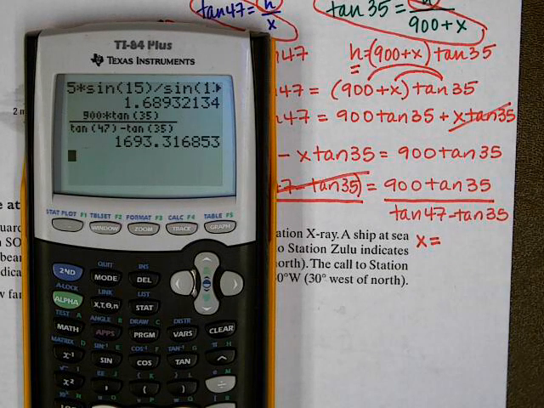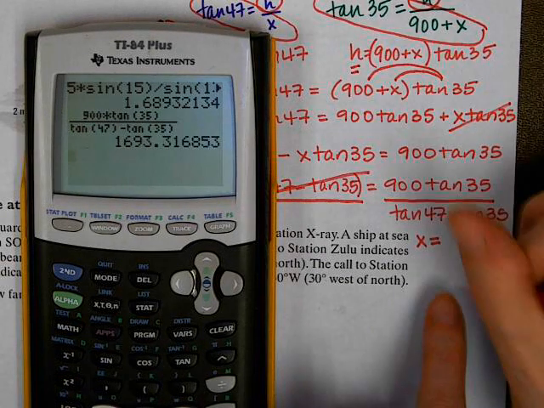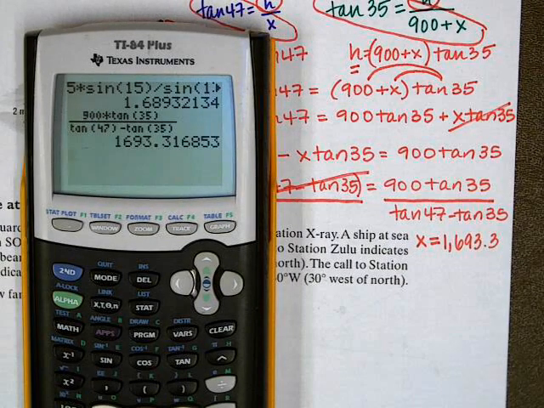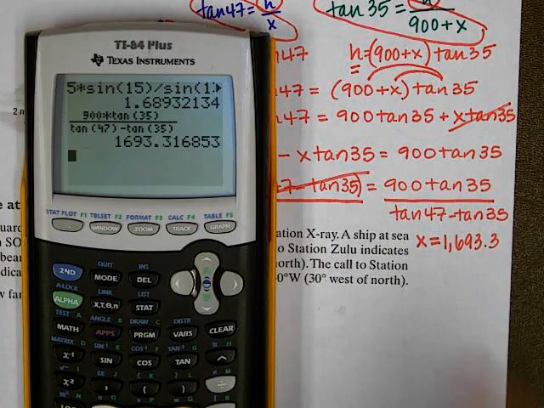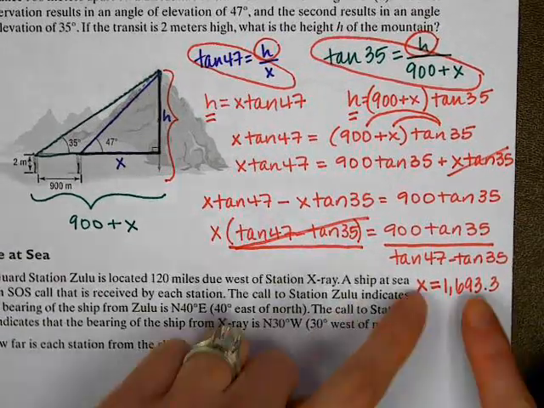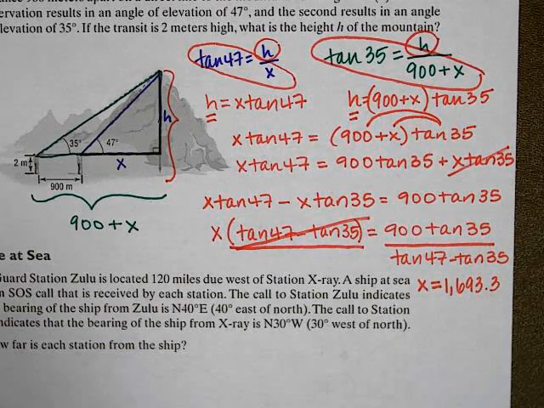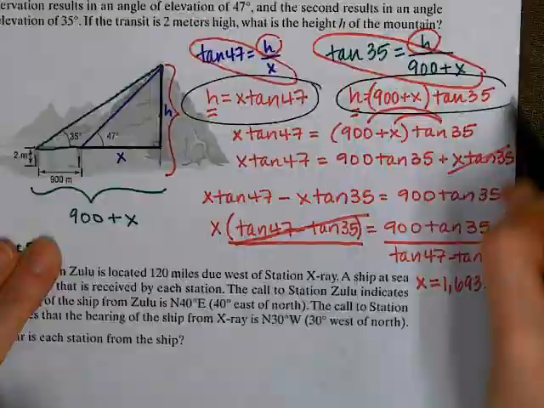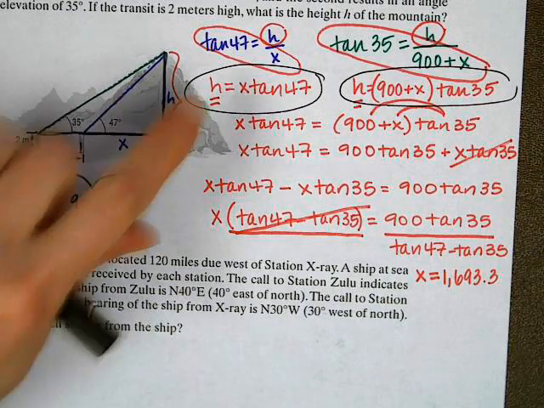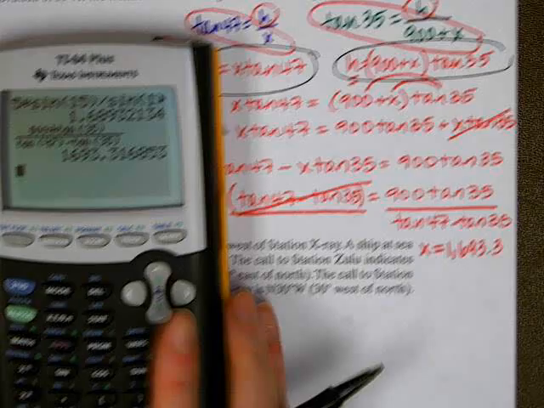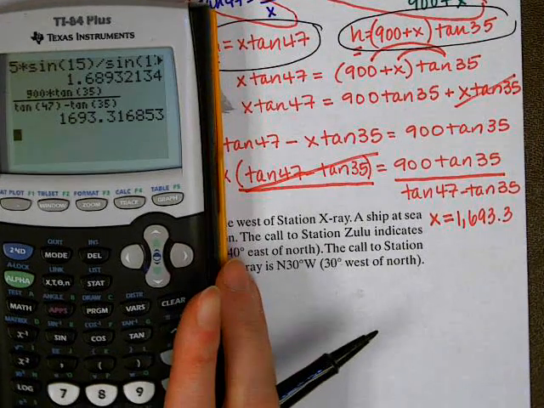We end up with 1,693.3. Okay, but we want to find the height. So now we have to take that x and plug it back in to whichever one of these you like better. It doesn't matter. So I think this one looks easier. So let's just do this. So h is going to be x times tan of 47.